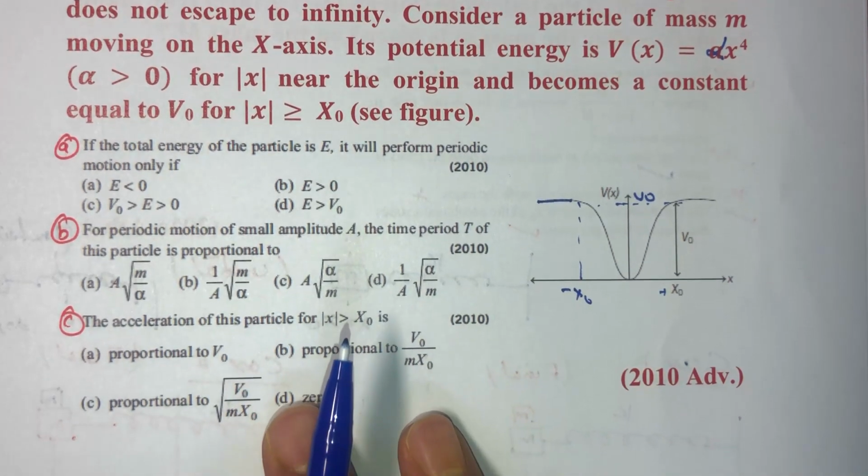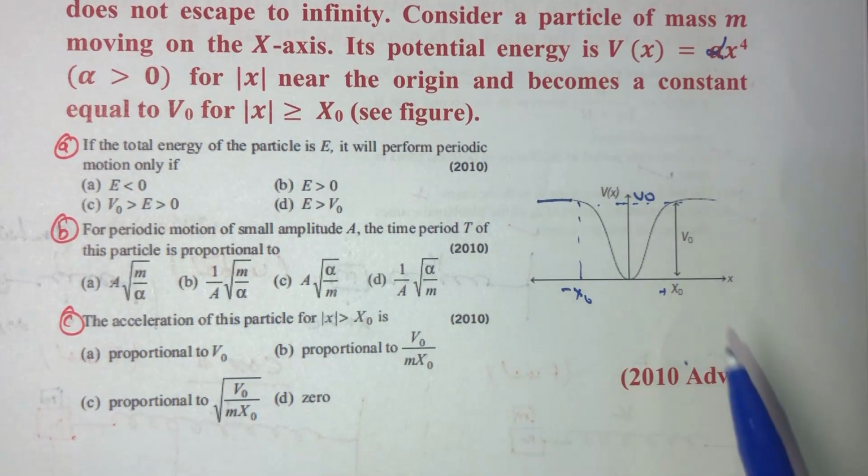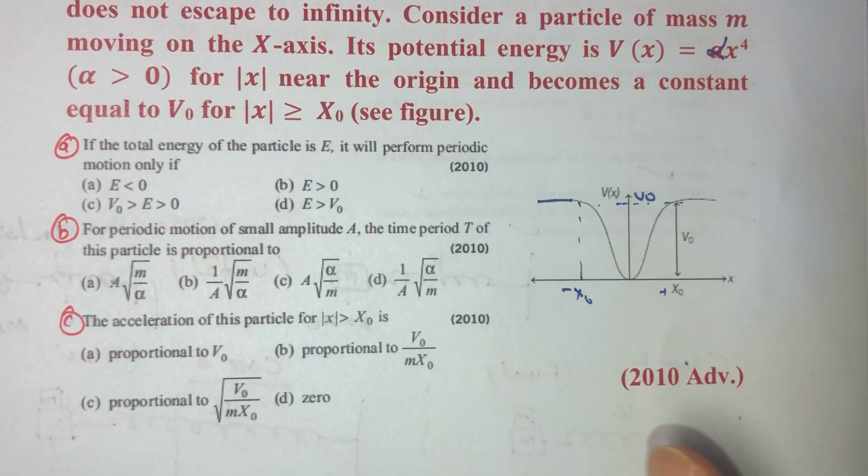First of all, we try to understand how the energy is going to affect the periodic motion, because the graph is a little different compared to the normal energy graph.